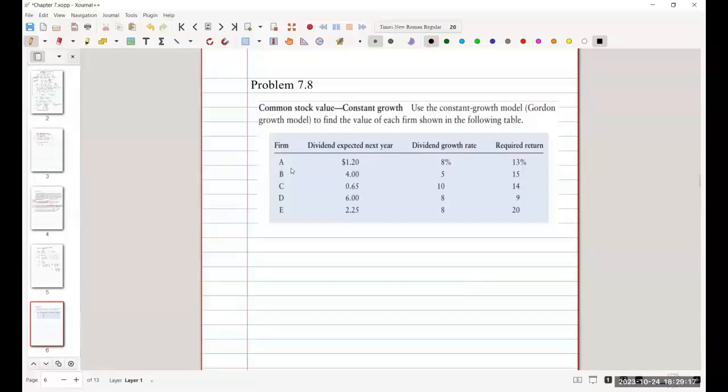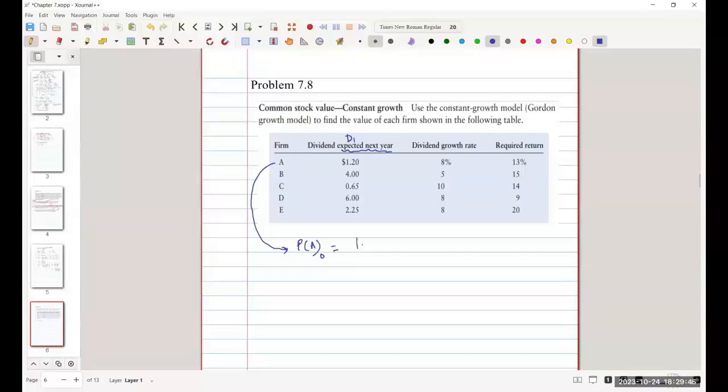So, for example, if we are trying to find the value of this firm's stock, the price of the stock for firm A at time 0 is equal to, well, we have to be mindful. It says dividend expected next year. So the value for D1 is given already, right?